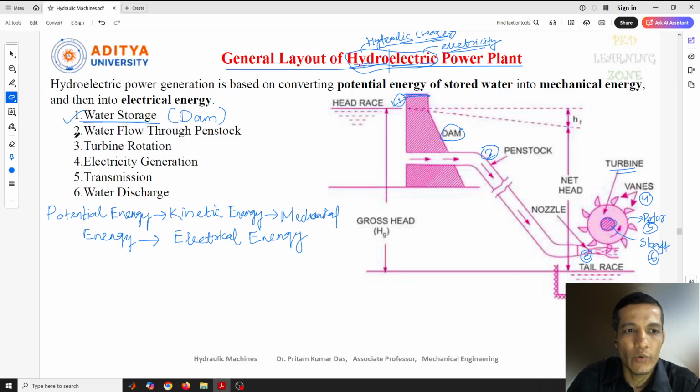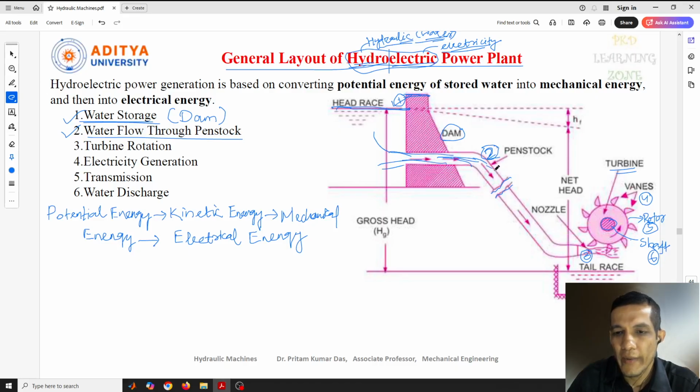Once the construction of the dam is completed, the second step is the water flow through the penstock. Penstock is nothing but this one, as I told you, this is the second one, and this cutting portion is given because this pipe is a very lengthy pipe. The water which is stored here starts flowing through this penstock.